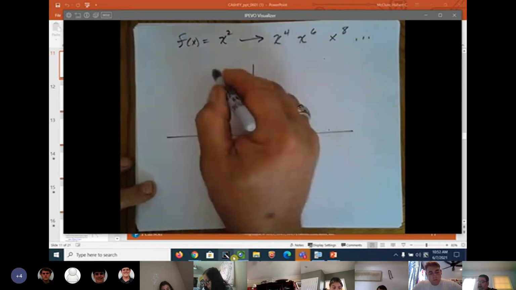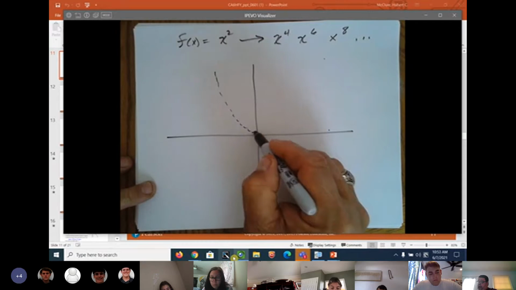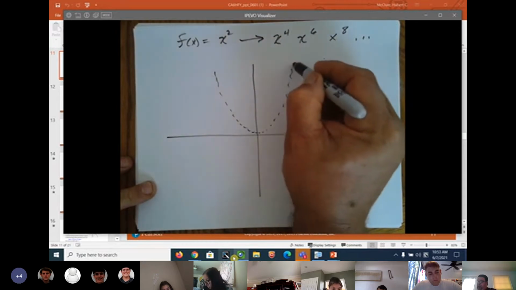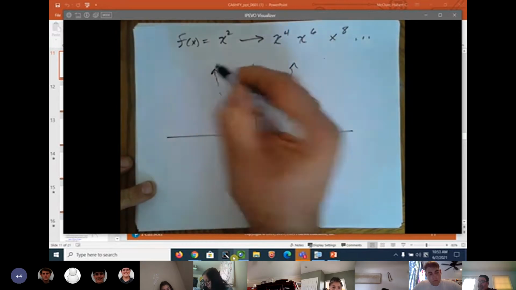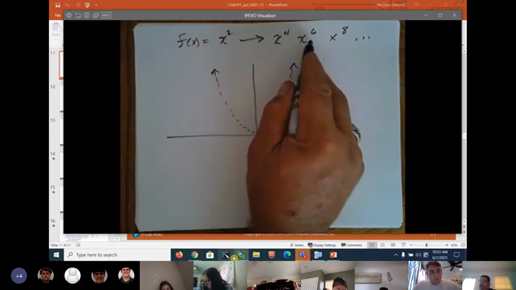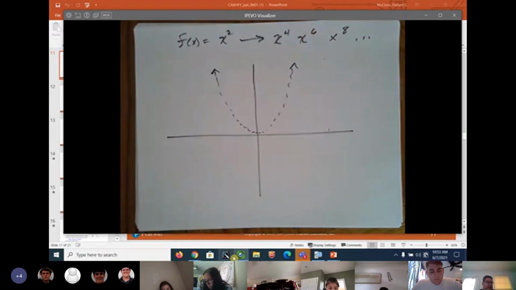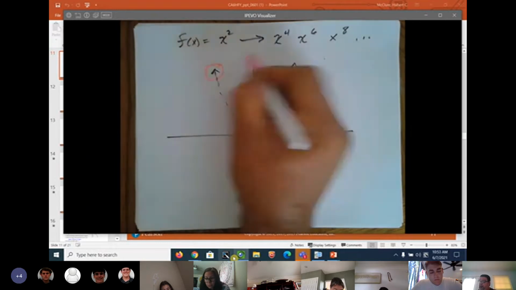The big thing here is your parent graph, x squared. Your x to the 4th and x to the 6th, remember, your ending behavior is going in what direction?